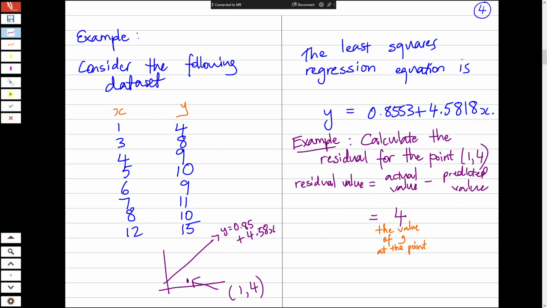So the coordinates of this point are 1, 0.85 plus 4.58. I've substituted x equals 1 into this equation here. So that should be 5.43.